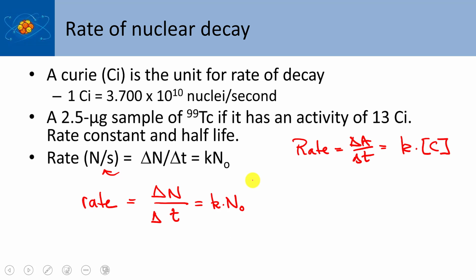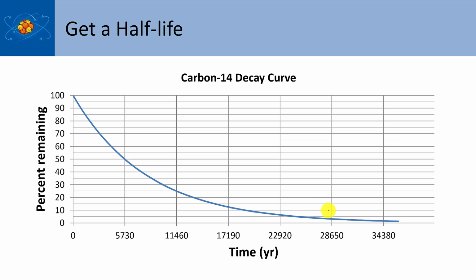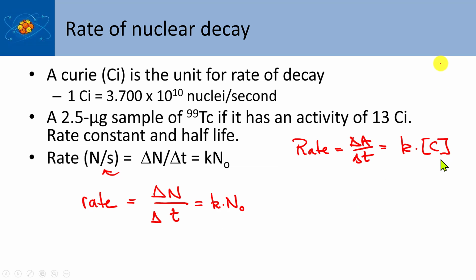So in chemical kinetics, we know that the rate is equal to k times C, but then we know that the ln of A_t over A_0 is equal to minus kt. That's one of the things that you can derive from this equation. There are other forms of the equation as well.